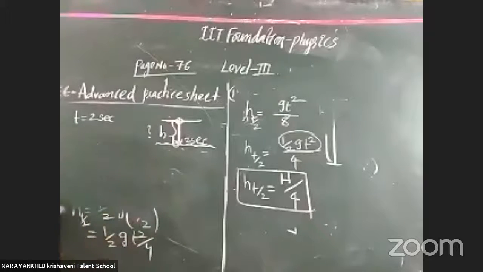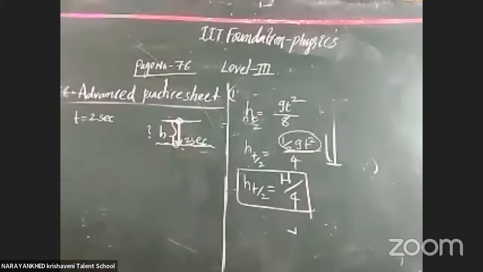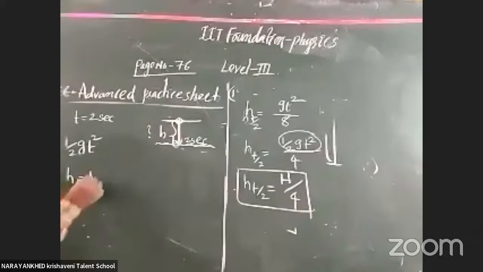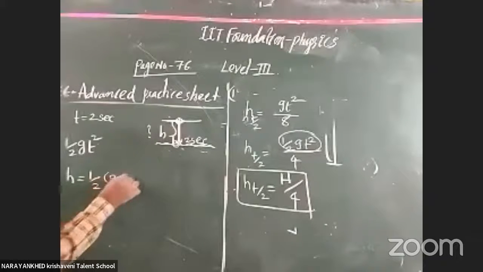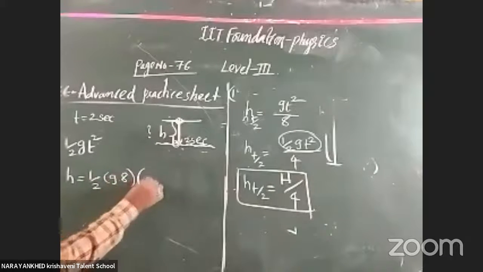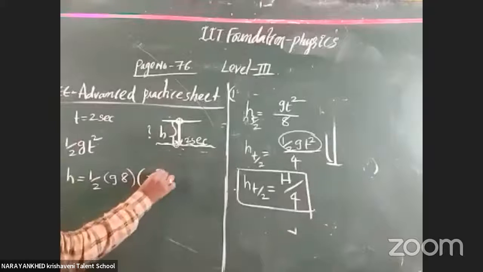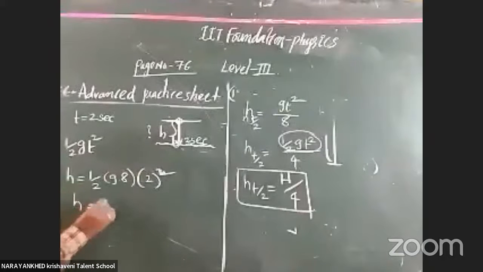Simple thing, this question is also already completed here, in the same manner of half gt square only. h is equal to half gt square. Maximum problems are solved from this one only. Yes, h is equal to half into g, and what is g? 9.8, into t square, that is 2. We already solved this kind of problem before.